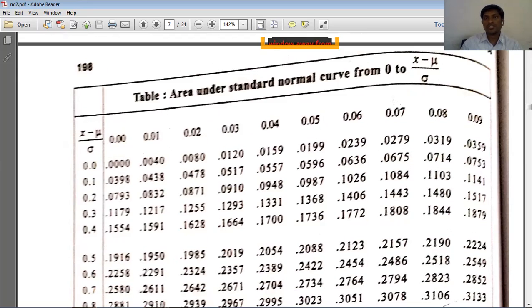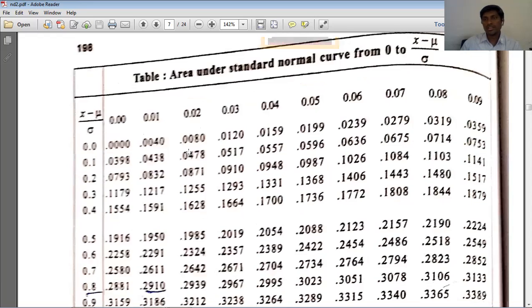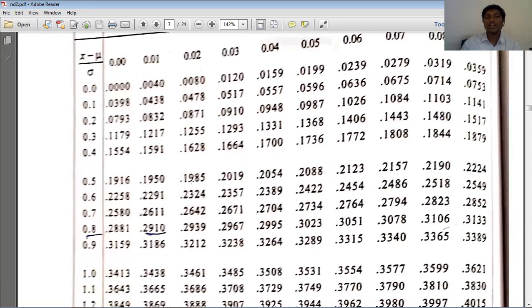What we said: here it is the area under the standard normal curve from 0 to z. Here we use these values for writing them. So area of 0.1, 0.2. Suppose we need to write the value of the area of 0.567.